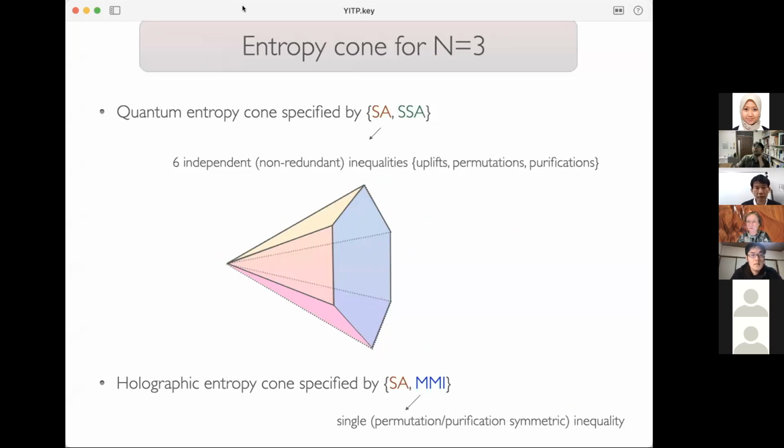So by holographic entropy cone, you mean the one given by the minimal surface? Is that the definition? Correct. Good. Okay. So I skipped this very quickly.